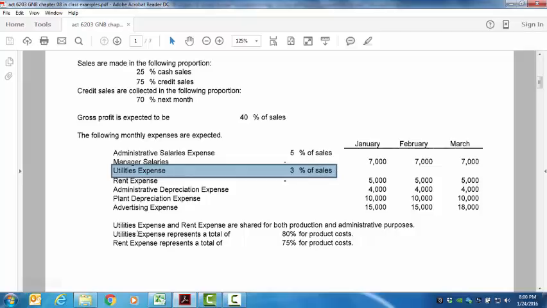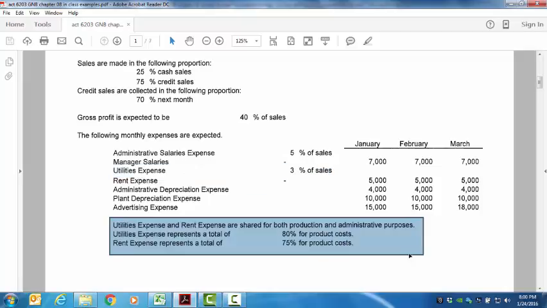But then there's something else down here about utilities. It says that utilities and rent are shared costs for both production and administrative. In other words, we have both functions in one facility, and of course we're not going to meter separate parts of the structure, so we're going to have to share it or allocate it.